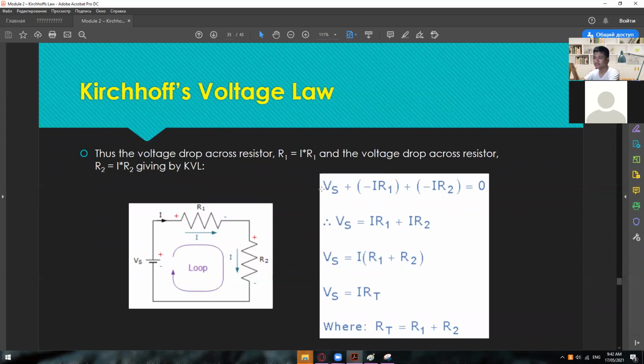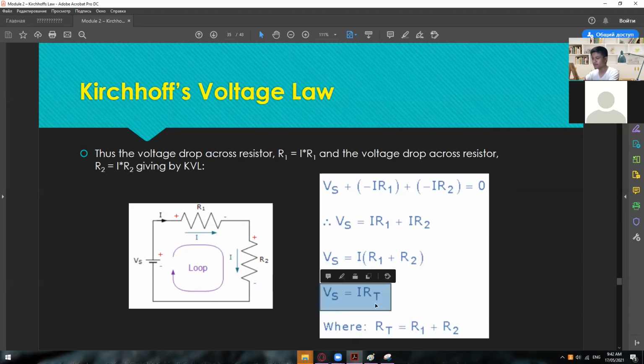So we have this voltage source plus minus I times R1 plus minus I times R2, which is purely KVL for now. And then another KVL, another KVL, another KVL. However, in here, we can simplify this just by having Ohm's law.